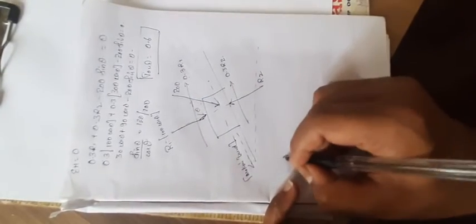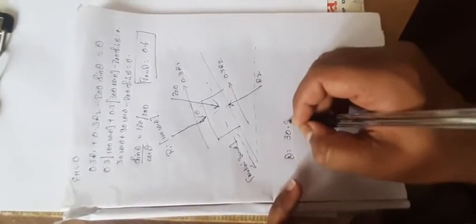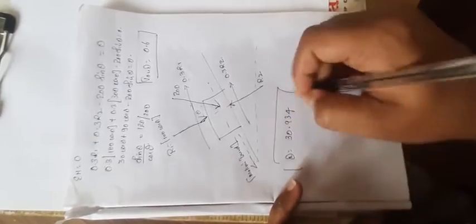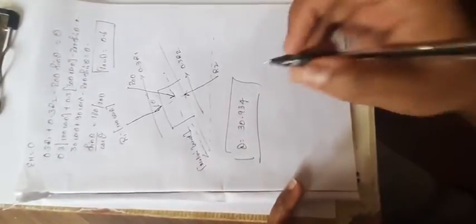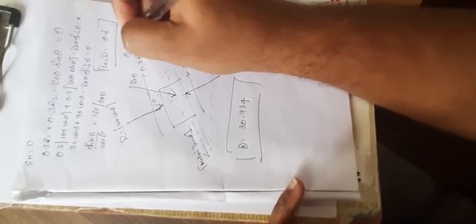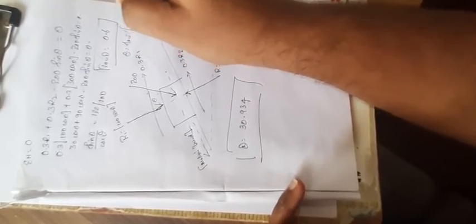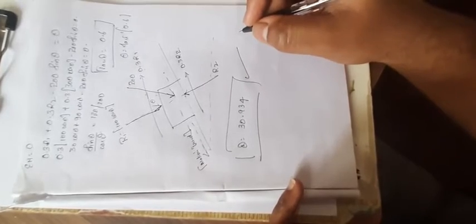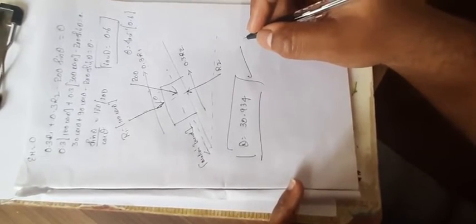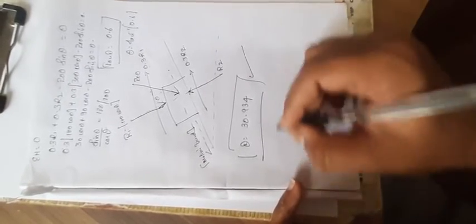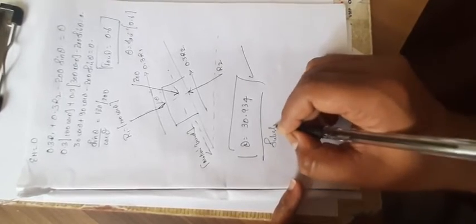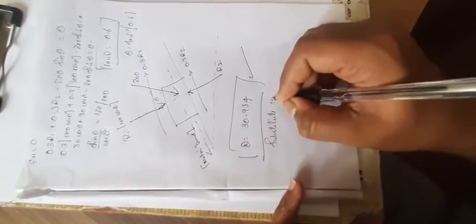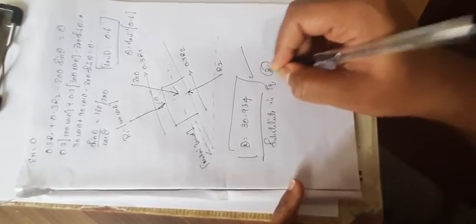Therefore your theta will be around 30.934. How do you get this? Theta is equal to tan inverse of 0.6. You will get theta equal to 30.934, and you substitute this theta in equation 2.